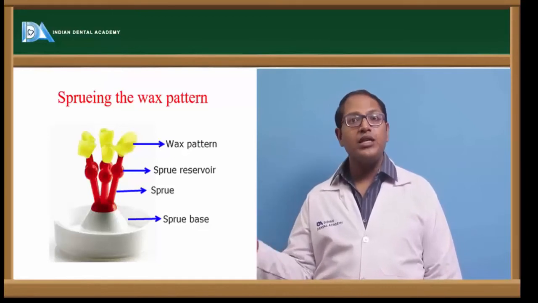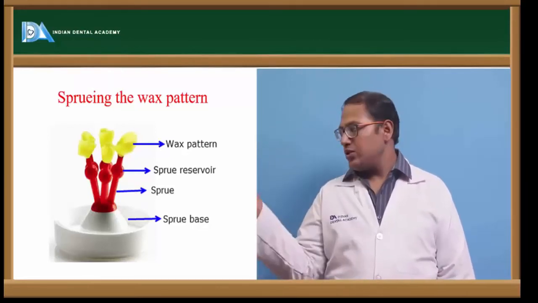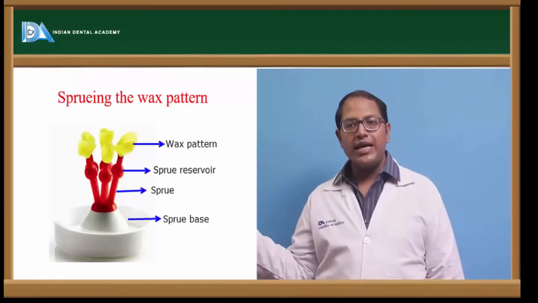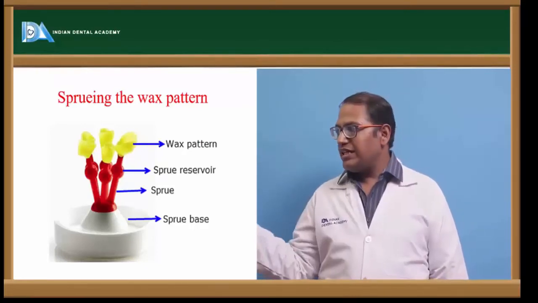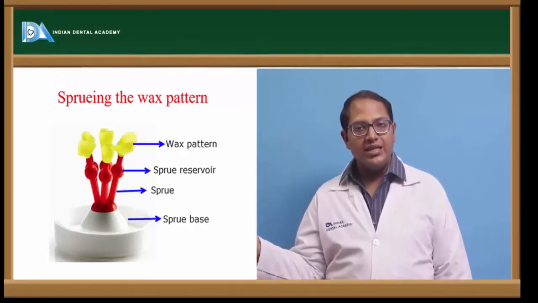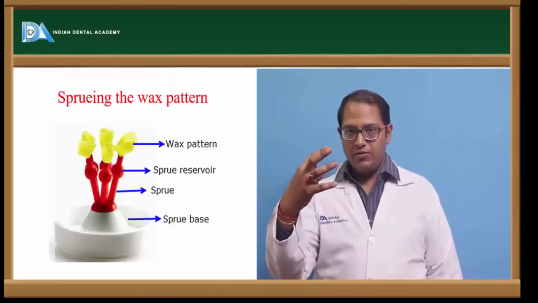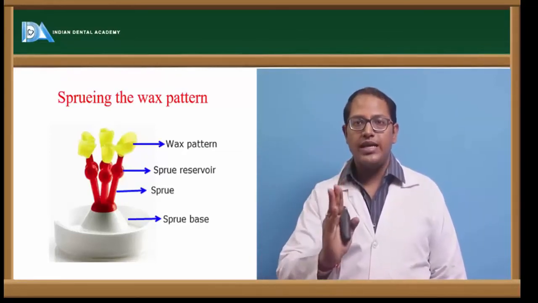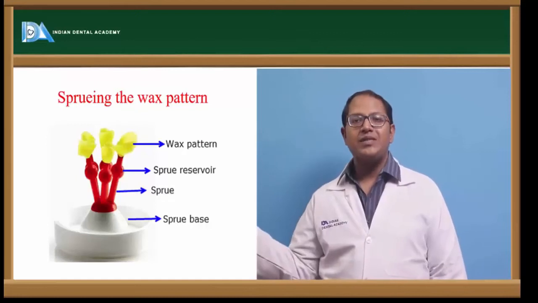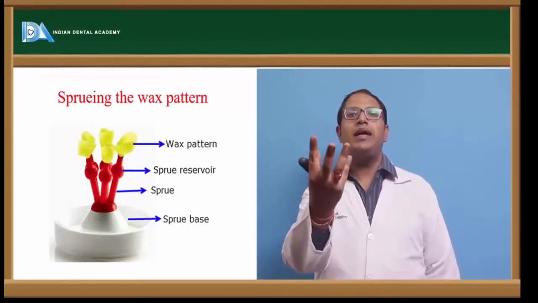What will happen if you burn wax? The wax will melt. Since we are covering the entire area with investment material, there will be a closed area like a house from where the wax is taken out, and there we have to flow the metal inside.